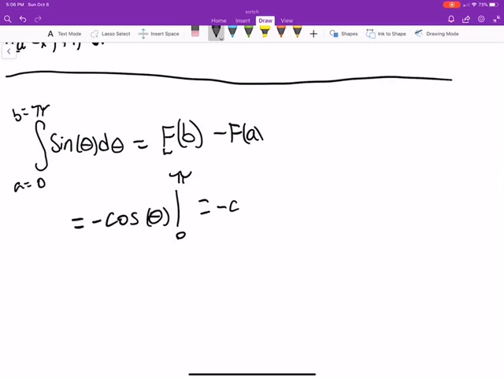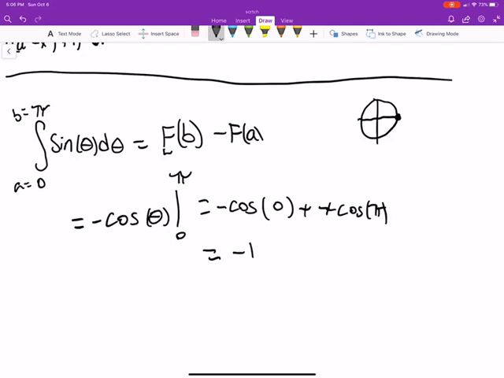So that's negative cosine pi minus negative, so plus, oops, did that backwards. That should be 0. Minus cosine pi. Remember our unit circle. Cosine of 0, that's what, 1.